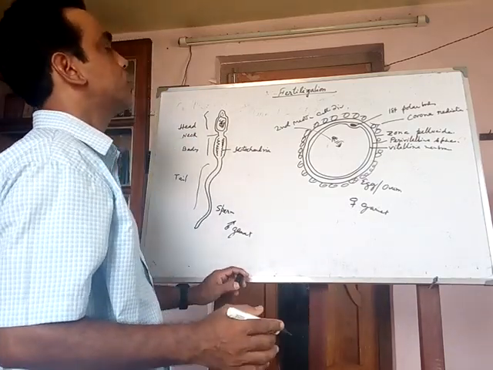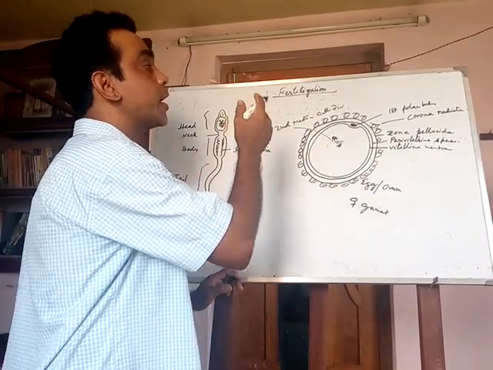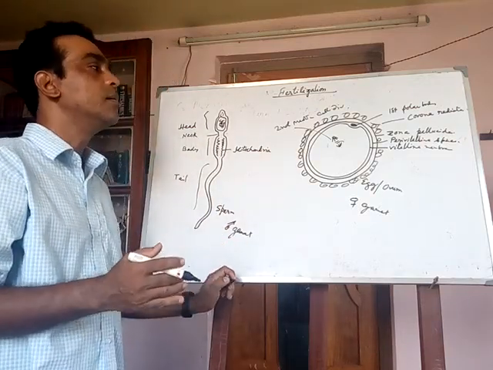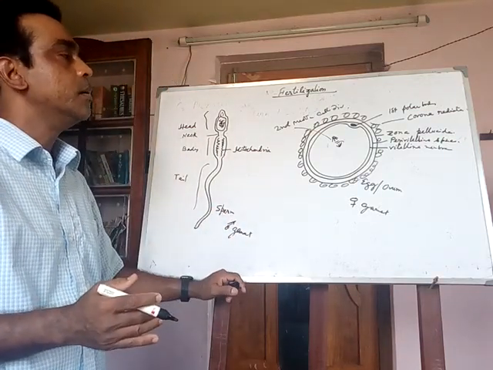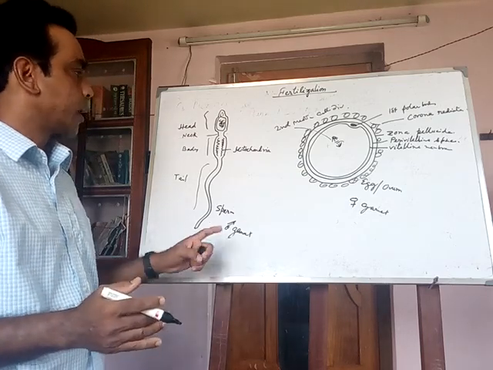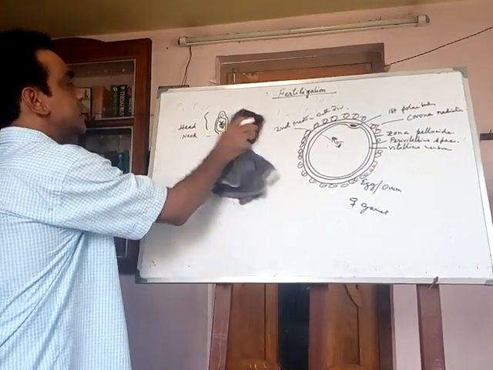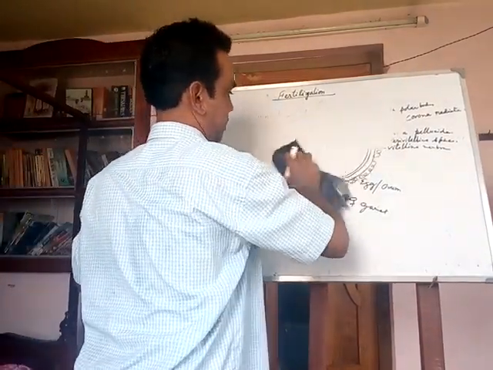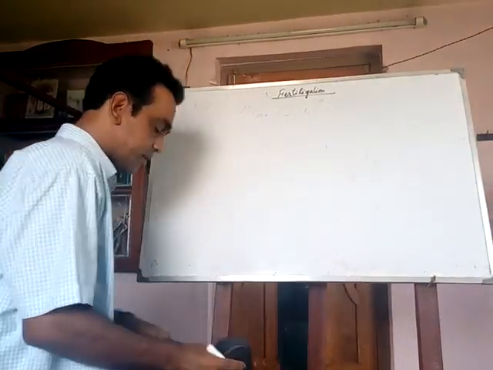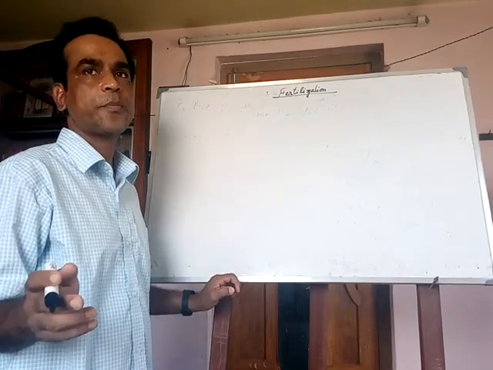Now we can learn about the procedure of fertilization, how fertilization takes place in the human reproductive system. I represent it here in steps. How many steps are found in fertilization? There are some steps I can elaborate now.